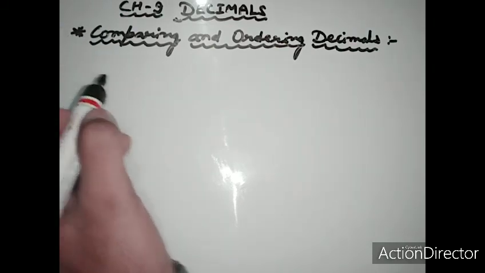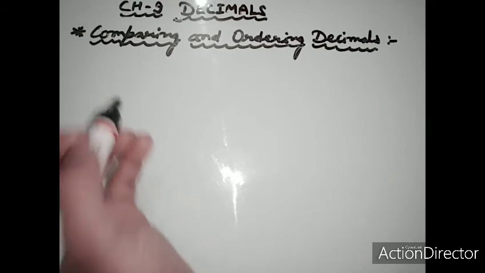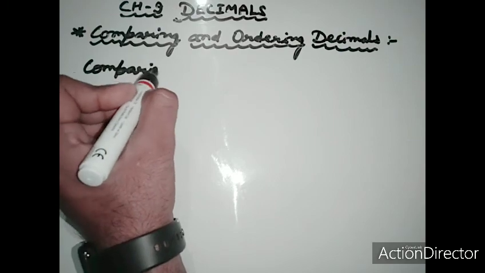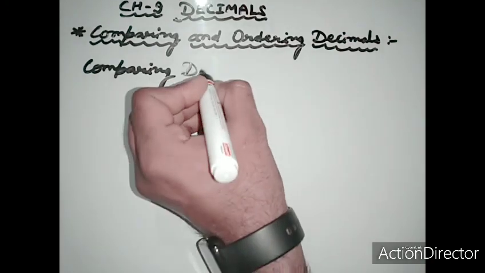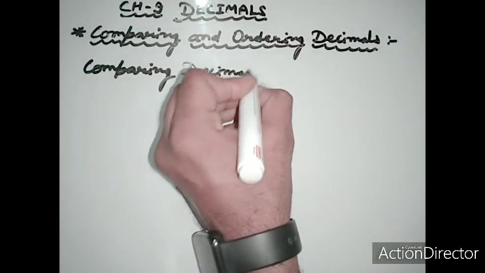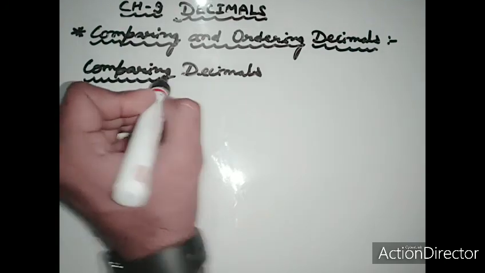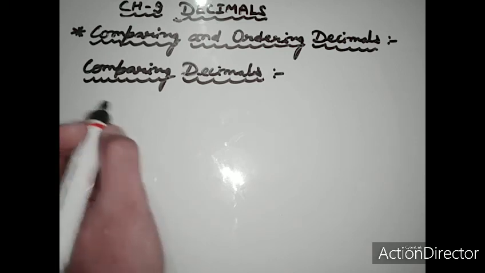Now here we take some examples related to how to compare decimals. Comparing decimals: here students, first we convert the decimals into like decimals, right? And after that we compare the two decimal numbers.